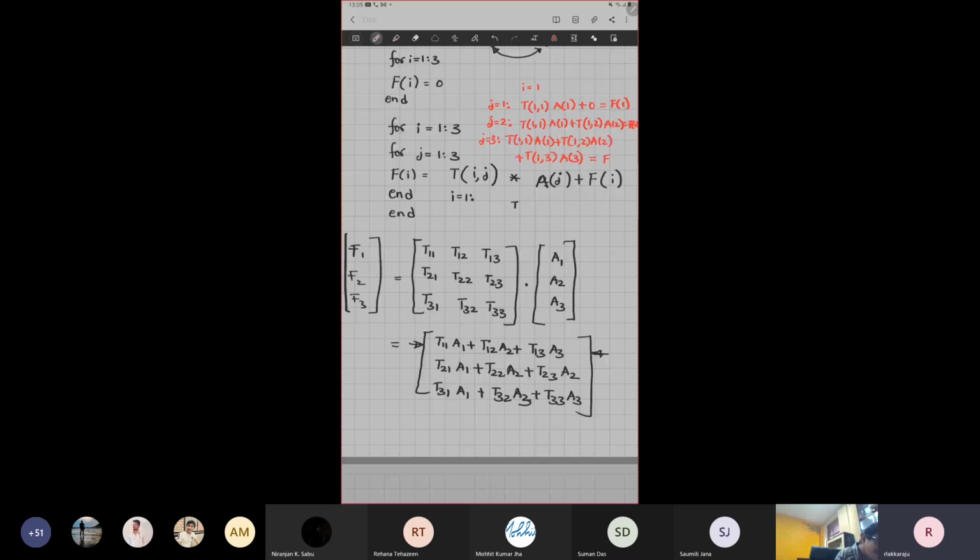That becomes F1. Loop is done, so you have calculated F1. This is what we call F1 at program. You understand the logic, how we are slowly building up in terms of higher rank tensors.